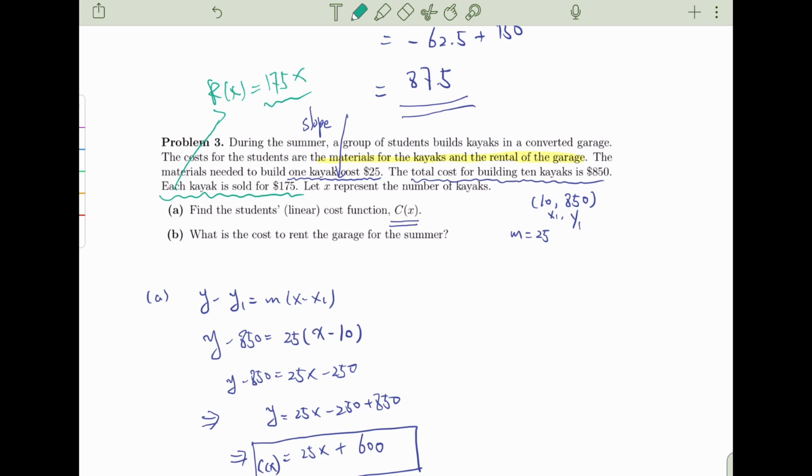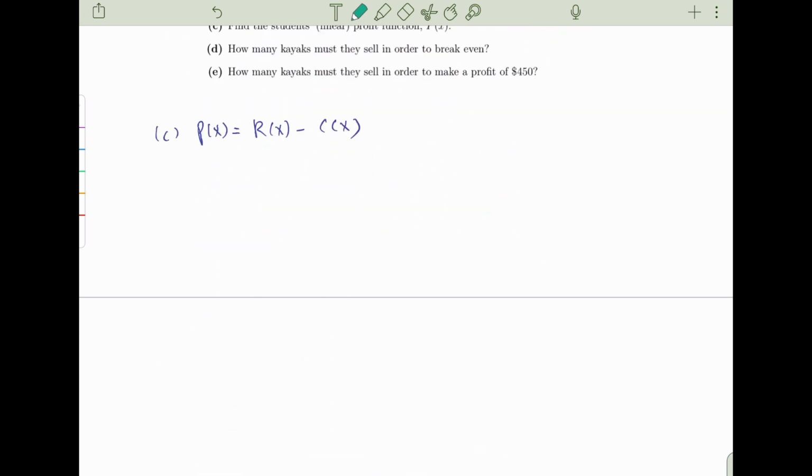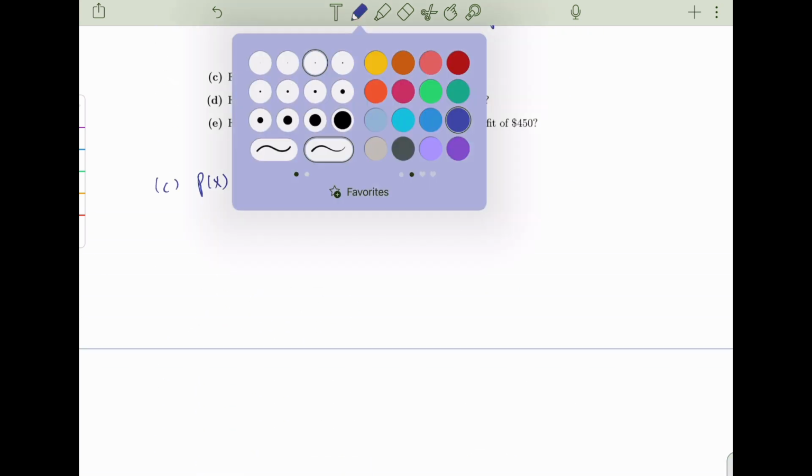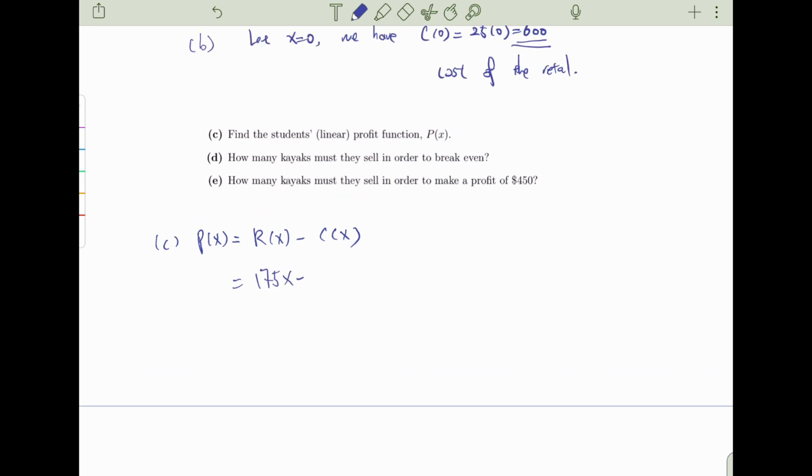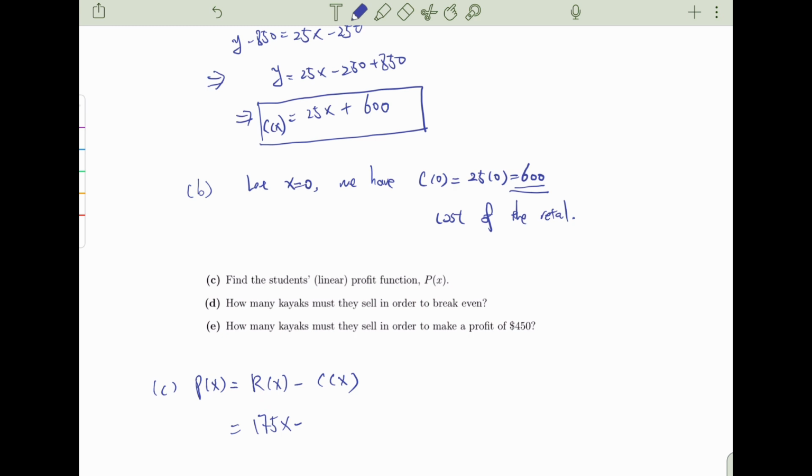Right? And we're gonna plug this into this formula: 175x minus my c of x, which is already computed here. So that is 25x plus 600.